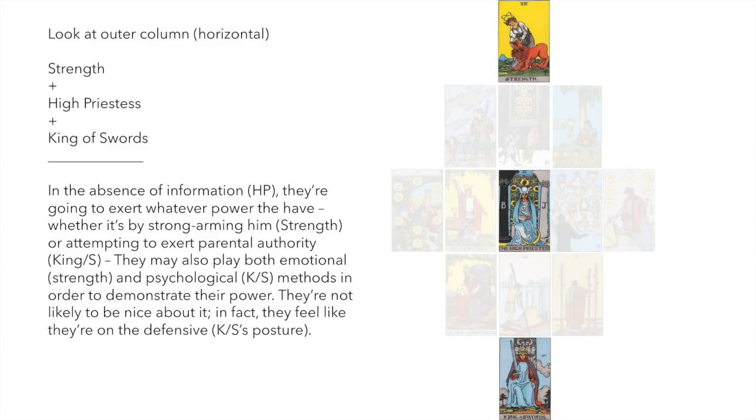Emotional from the Strength card, and all the major arcana stuff that comes with it, and also psychological with the King of Swords, but they're probably not being particularly nice about it, and that's probably because they feel like they're on the defensive. They're the victims of this whole thing.